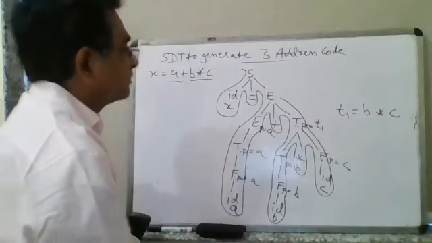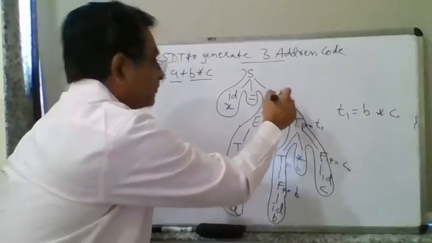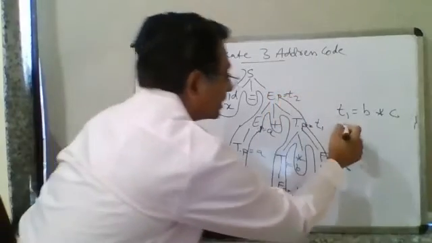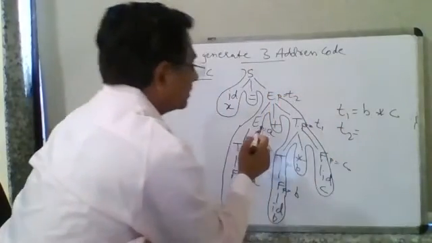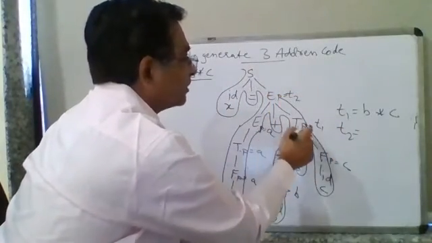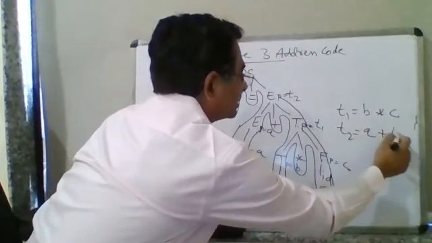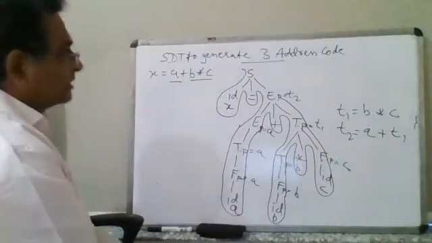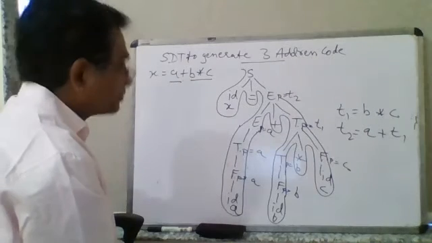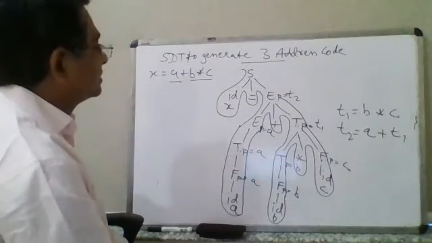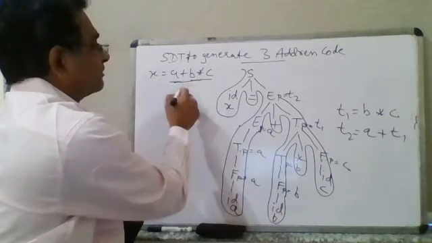A plus T1, but at this place also it is going to generate a temporary variable. So E dot P equal to T2, where T2 will be equal to E dot P and T dot P, which is equal to T1. So this is nothing but A plus T1, and T2 is now a combination of A plus T1. So we have just calculated this, and the entire operation is now available in T2.